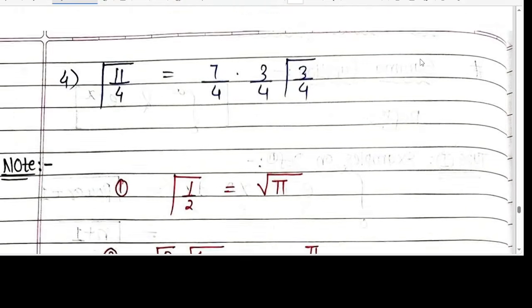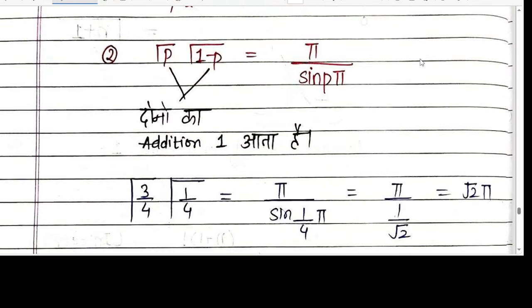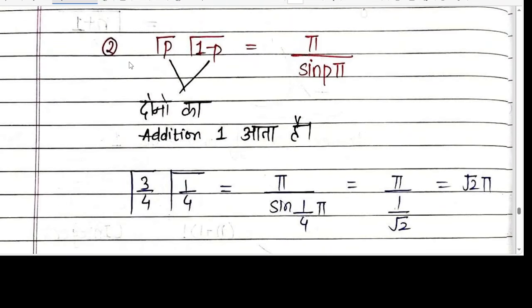One more formula which is very useful: gamma p into gamma 1 minus p. The addition must be 1 here, then only we can use this result, okay? Addition is always 1, then only we can use this result, which is pi upon sine of p pi. p is any value between 0 to 1.